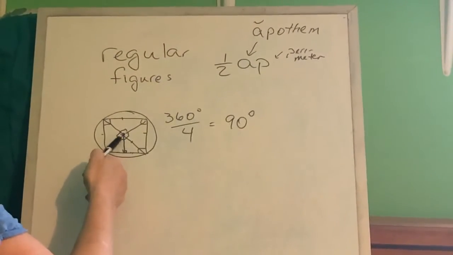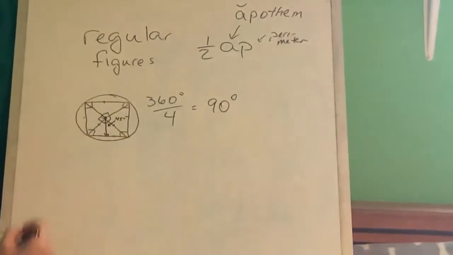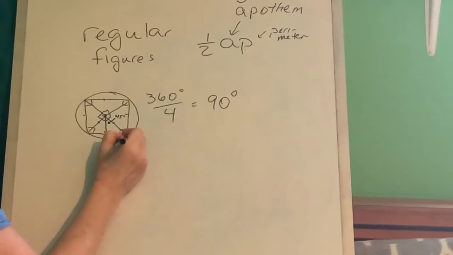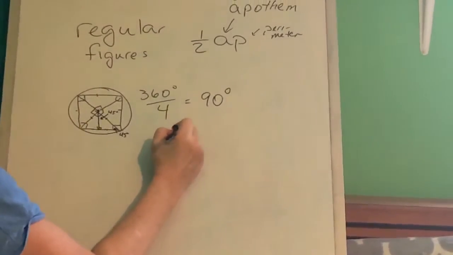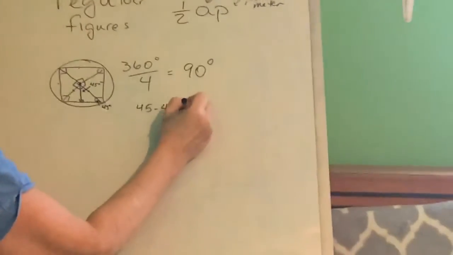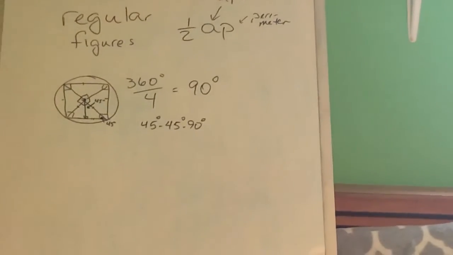So since this was a 90-degree angle, now we have a 45-degree angle. Here we have a right angle, so this is also 45 degrees. So we have a 45, 45, 90 triangle, okay? And we know something about the measure of those sides.